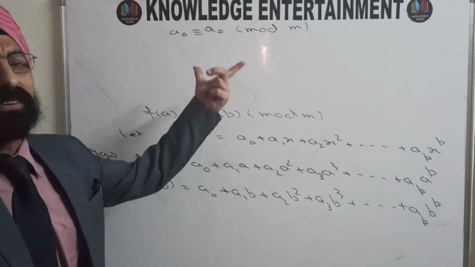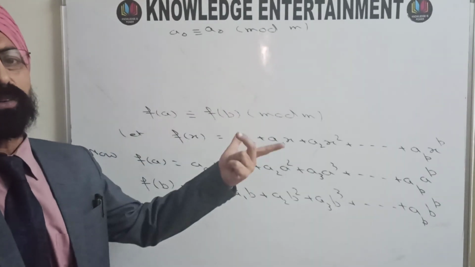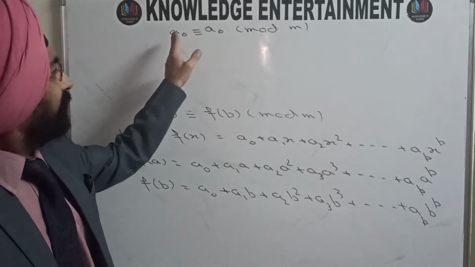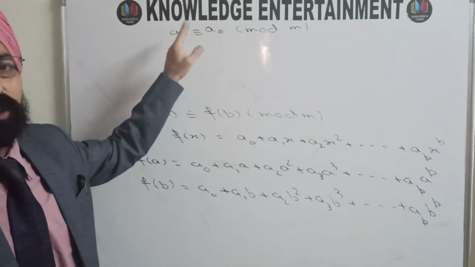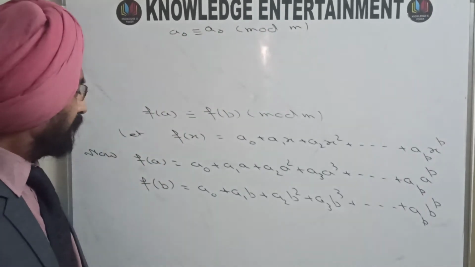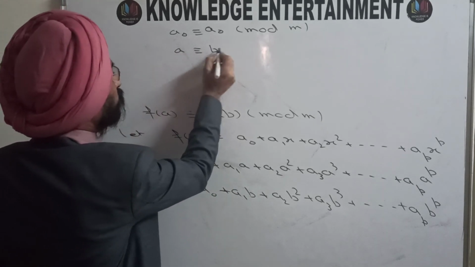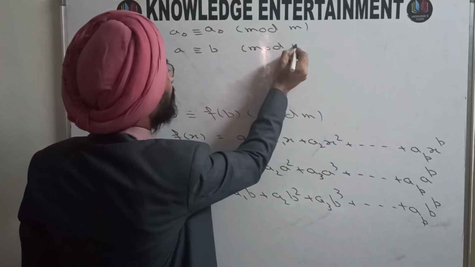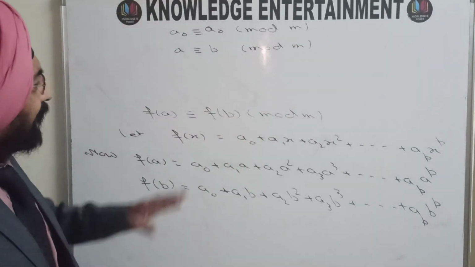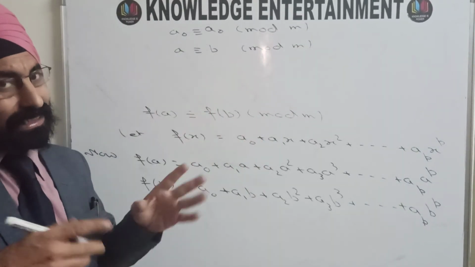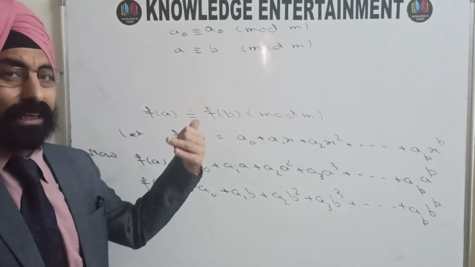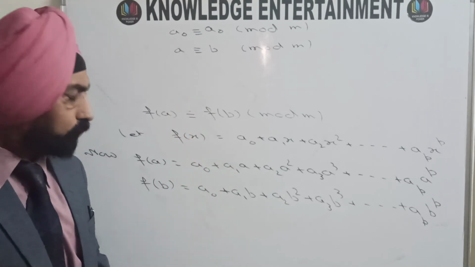Because of reflexivity. The relation of congruence is a reflexive relation. Every integer is congruent to itself. Now A is congruent to B modulo M, it is given to us. And we know that if A is congruent to B, then AC is congruent to BC, proved in the second part recently just now.